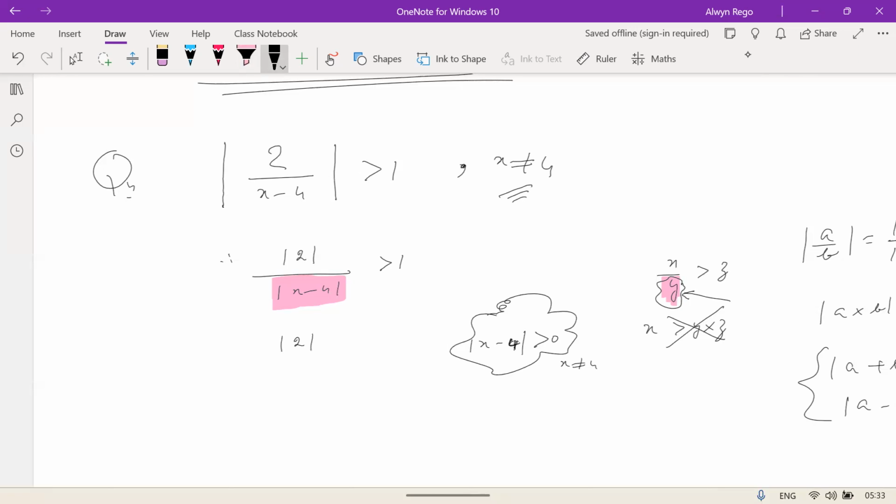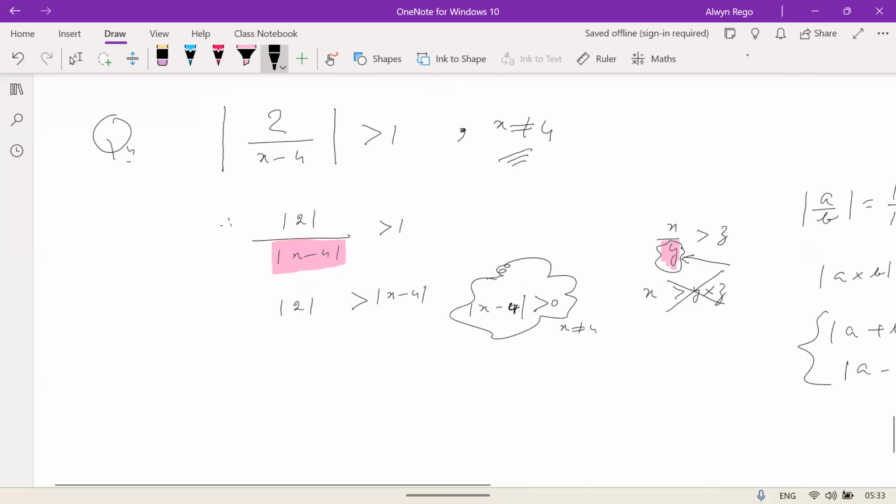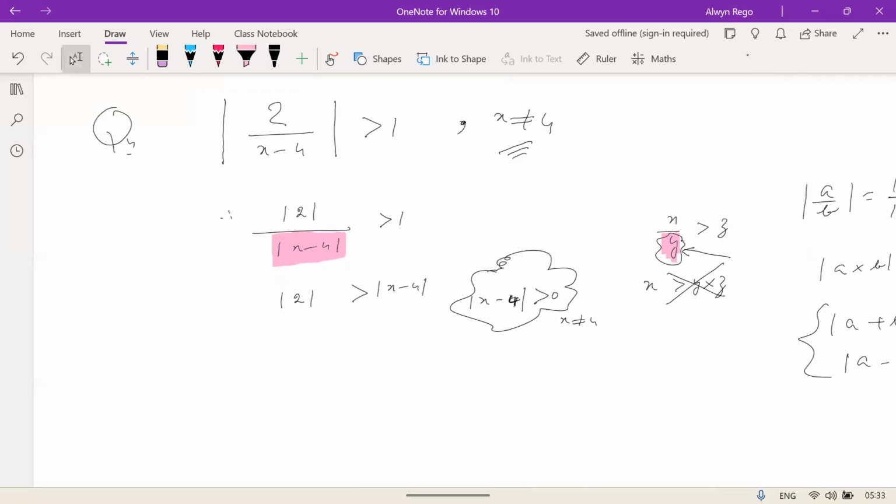Therefore, the absolute value of 2 is more than the absolute value of x minus 4 here. It's in fact multiplying by a positive. If you have, let's say, x by 2 is more than y, I can always say x is more than 2 times y. I know that 2 is positive, so when I multiply by 2, the inequality does not reverse. So I multiplied because I know that this is positive, and multiplication by a positive does not change the inequality.